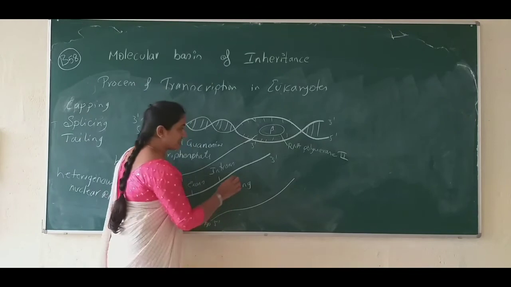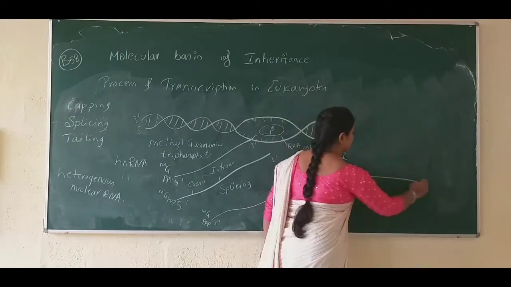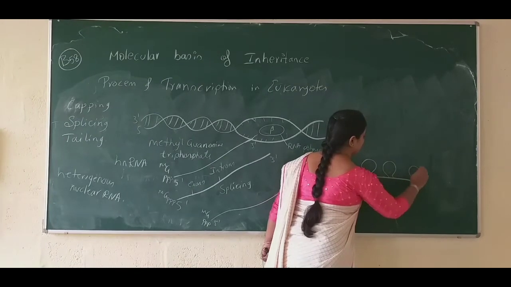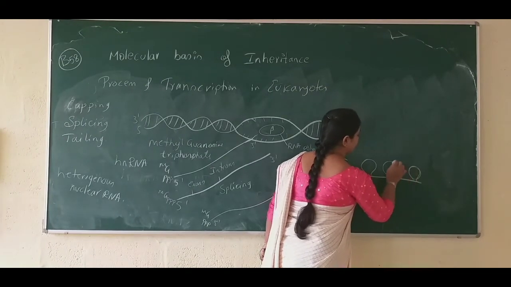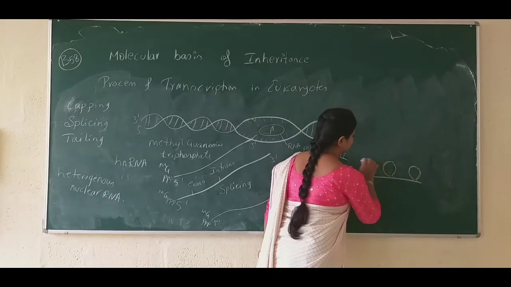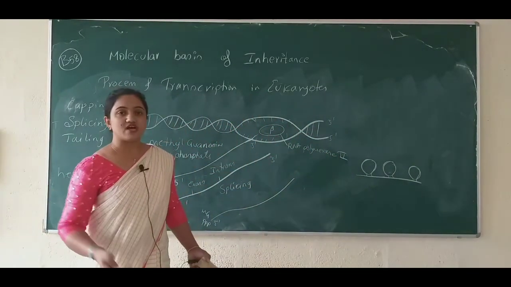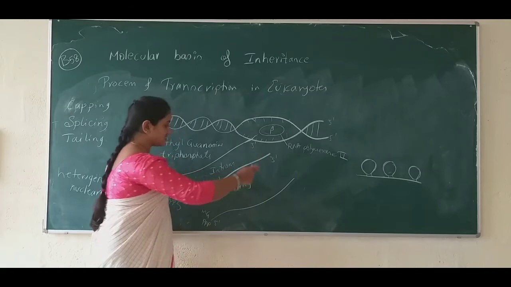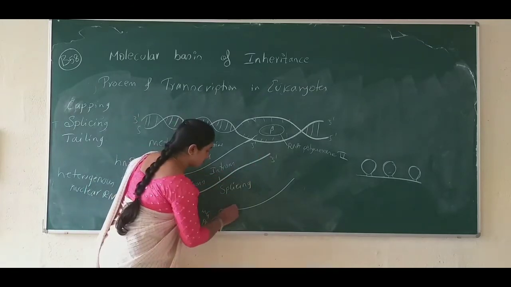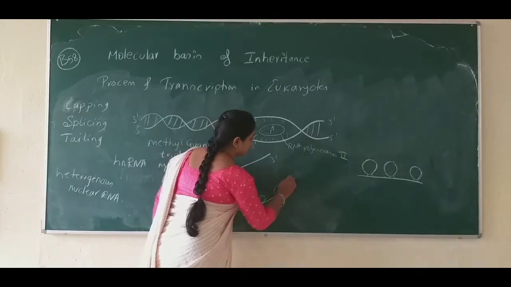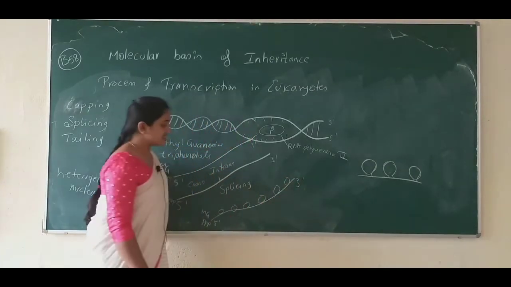Coming out means, as I told you in the last class, they form a loop. After the formation of the loop, it will become spherical in structure, and that spherical structure moves away from the strand. The same thing happens here. The mechanism is known as splicing.